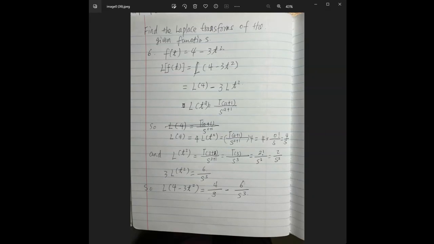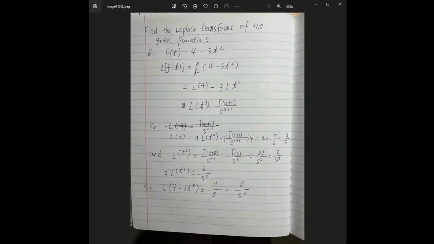So we have that the Laplace of t to the a equals gamma of a plus 1 over s to the power a plus 1. For the Laplace of 4, I can do 4 times the Laplace of t to the 0, which is 1.